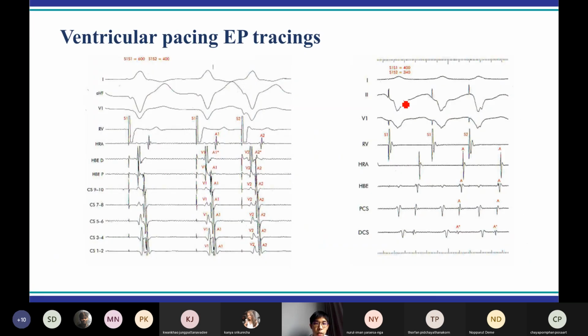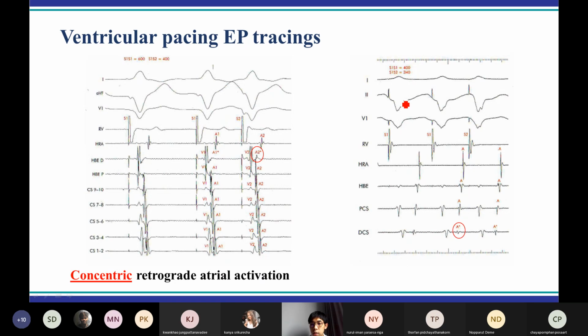Okay, this is the same as we have mentioned before. Ventricular pacing to see how the retrograde atrial activation would be. The left one, just as a reminder, is the concentric retrograde atrial activation because the earliest atrium is in the His bundle and proximal CS region.